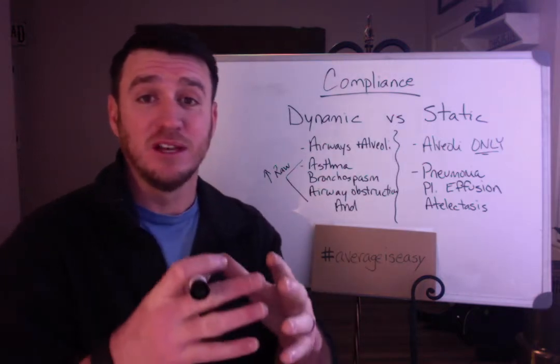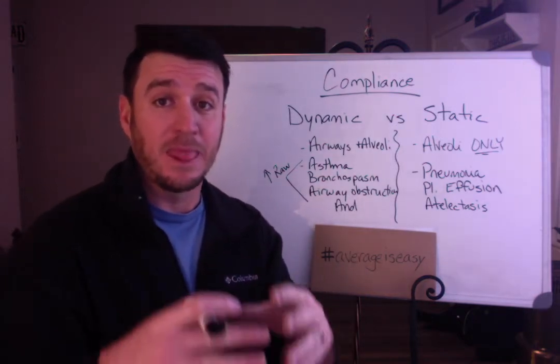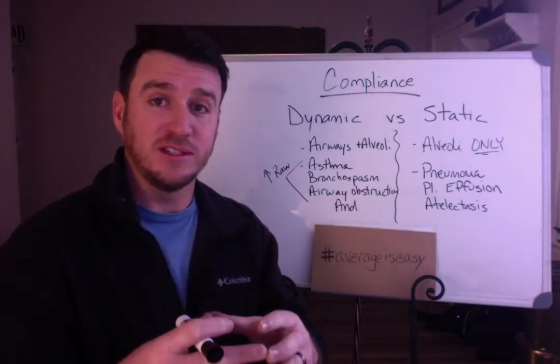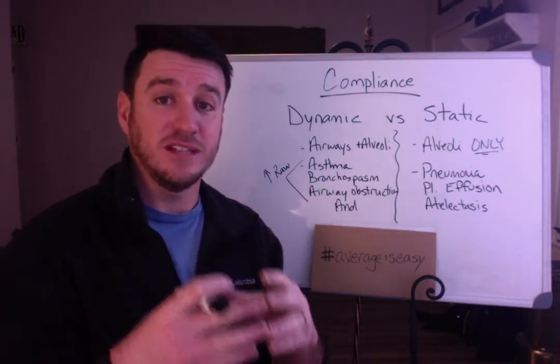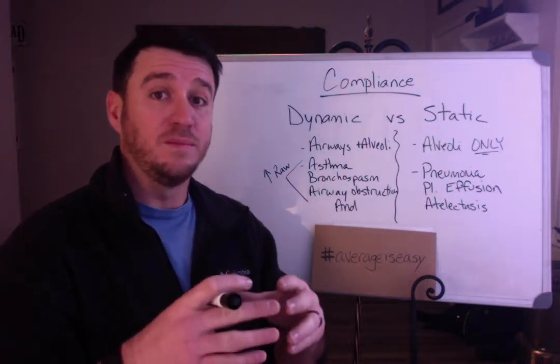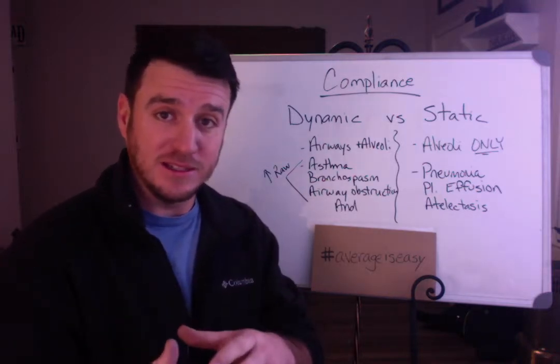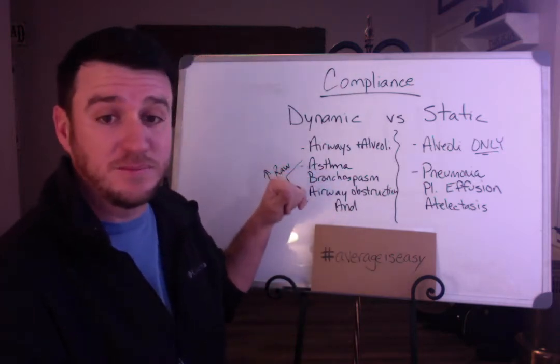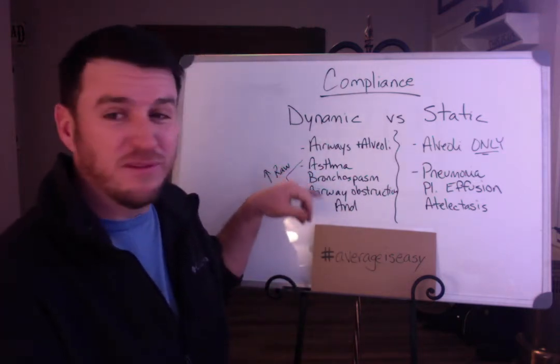Now, examples of things that would decrease your dynamic compliance would be your airway diseases and your alveoli diseases. So we're talking about things such as asthma, any type of bronchospasm.